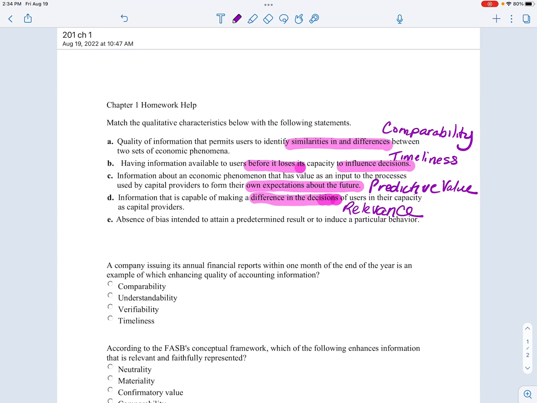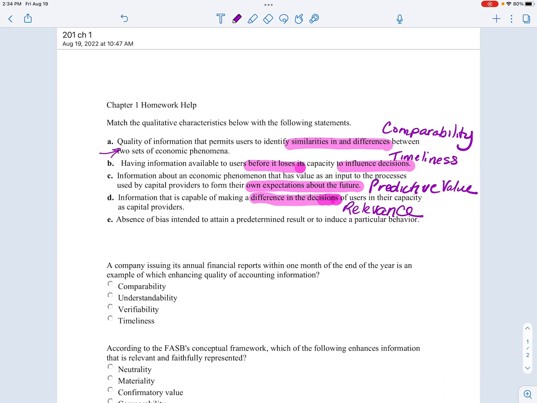So in A, we're talking about the differences between two sets, and in D, we're talking about the differences in a decision and its usefulness to that decision. That's the difference there. Sometimes that can get confusing.